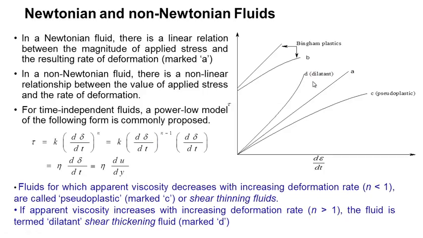So, there are situations where a stress is required before the fluid will start moving. That is the meaning of the situation B. They will not start flowing up to some definite stress, as in plastics.